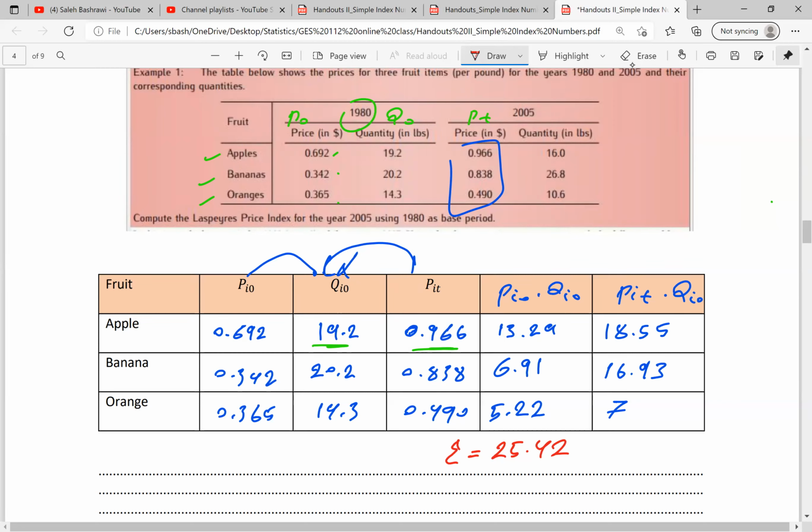The next one, I have 18.55 plus 16.93 plus 7, which is equal to 42.48.